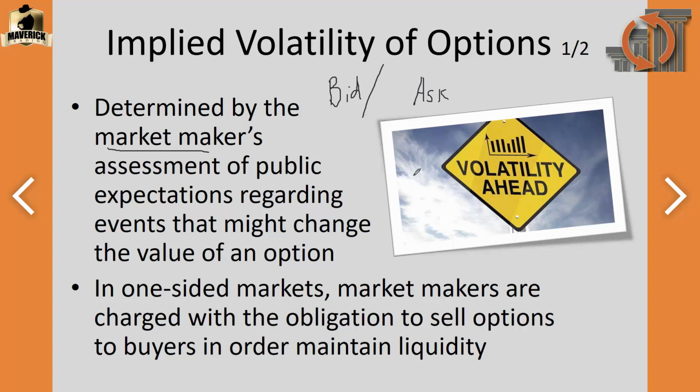He's going to have an assessment for what this option should be priced at, and his prices are going to be dictated in large part by supply and demand. Basically, it's kind of like an auction process where an auctioneer might have a pretty good understanding of what something should sell for.